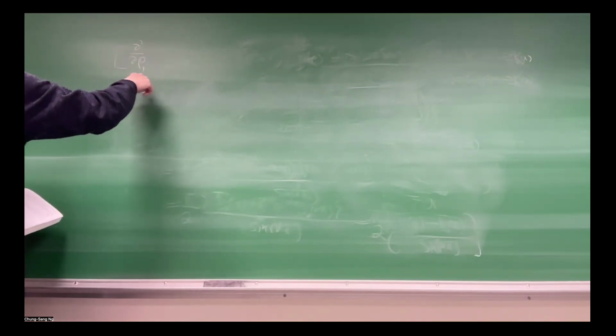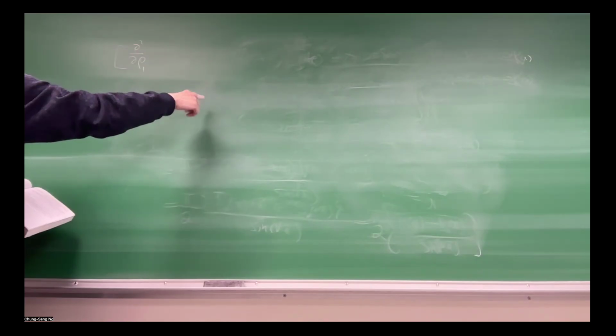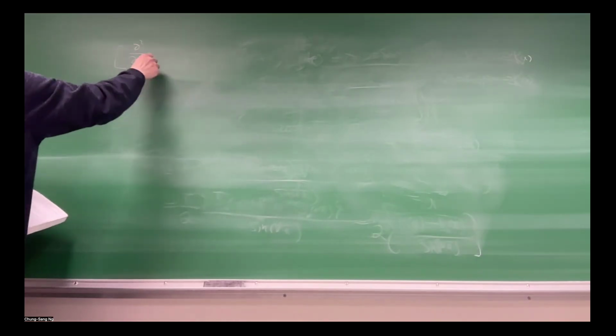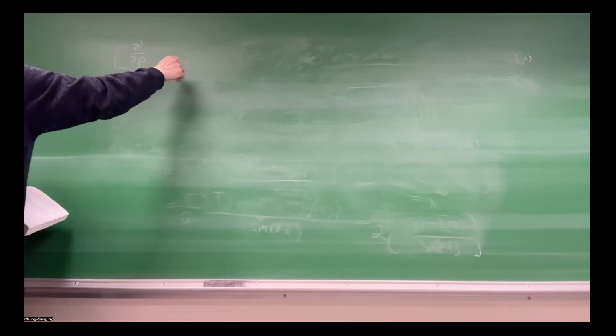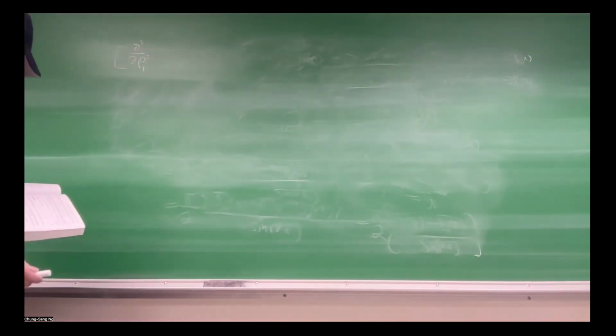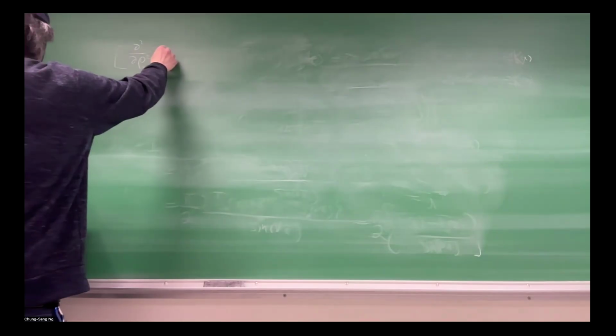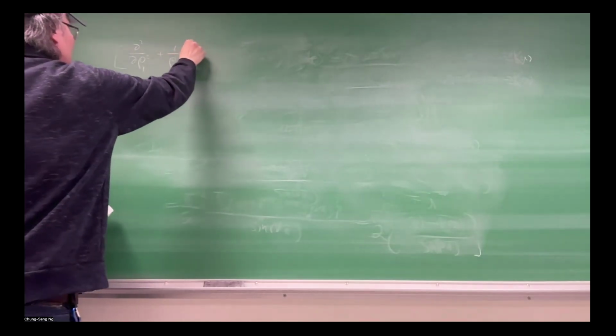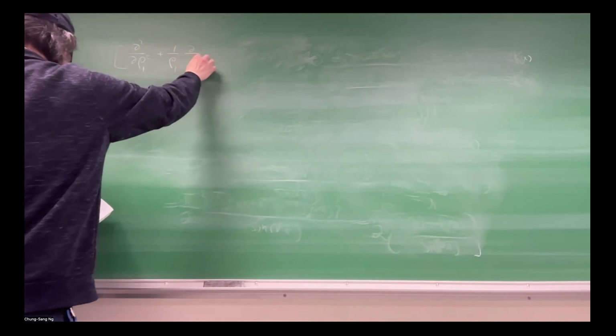It has the index 1 and 2 for the two coordinate dependencies of the Green function. R sub 1 is the coordinate of the first coordinate, and this is the modified Bessel.